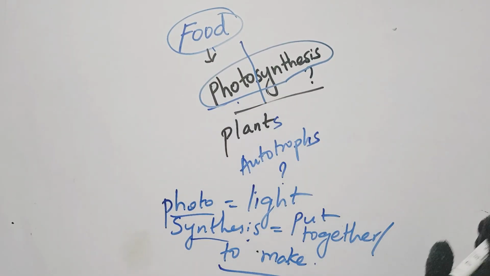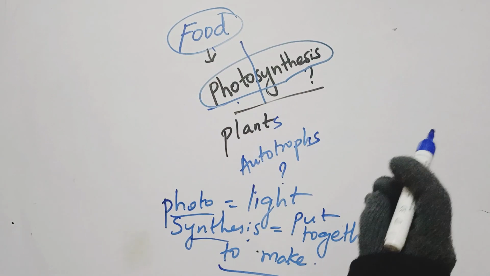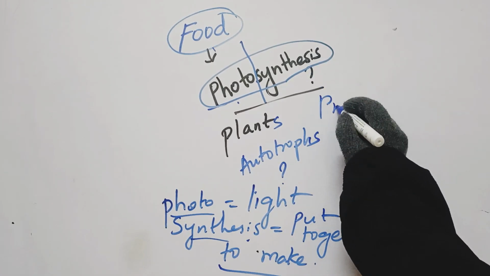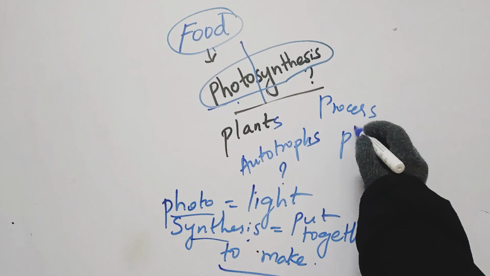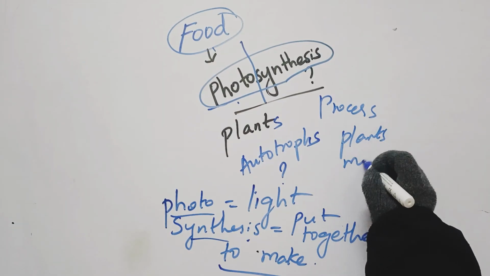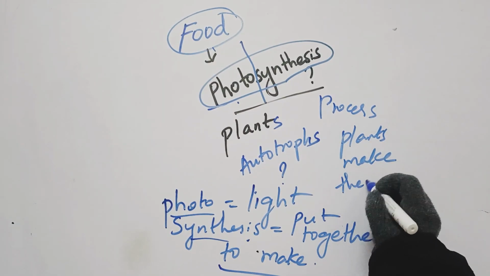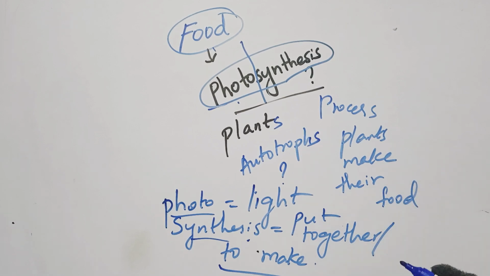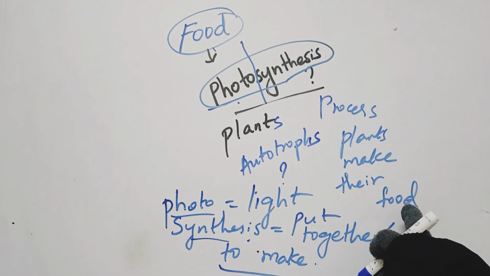So what is photosynthesis? If you want to sum up in simple terms, photosynthesis is nothing but the process by which plants make their food. The process by which plants make their food is called photosynthesis, but still it is incomplete. I told you making food, making something. Here the something is food.